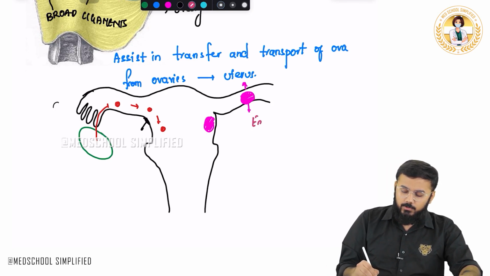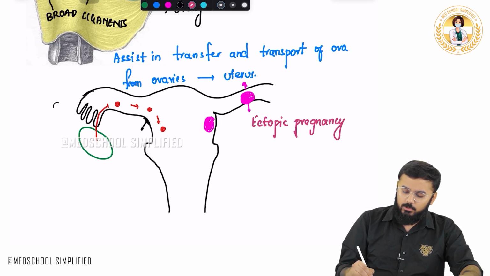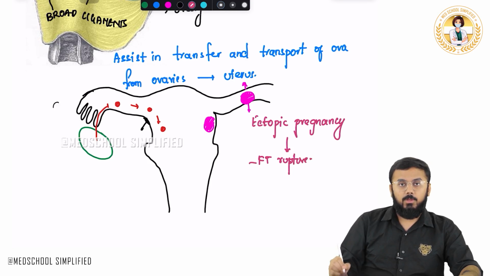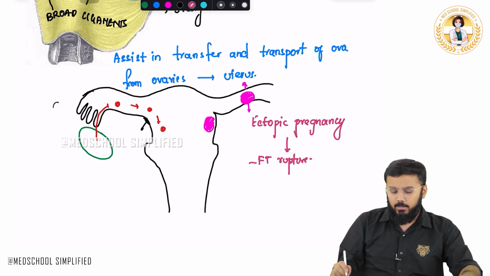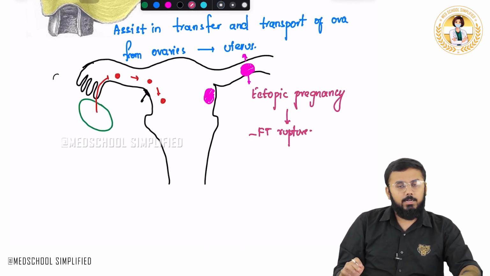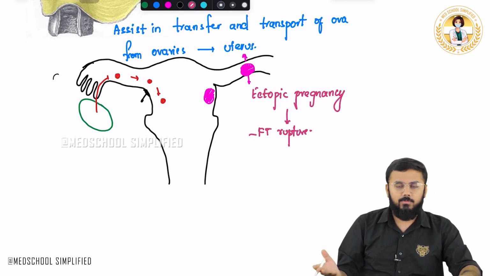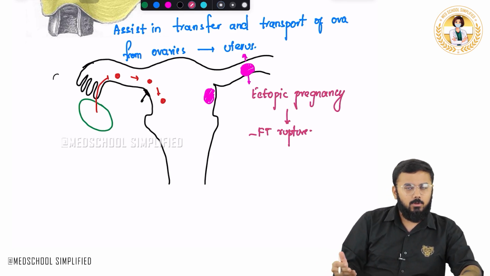So this terminology we give here is ectopic pregnancy. Because of this ectopic pregnancy, there will be fallopian tube rupture. Now in this condition, whenever a female comes to you complaining of, see, obviously if a baby has to develop, it will develop only in either one of the fallopian tubes, either right side or left side.